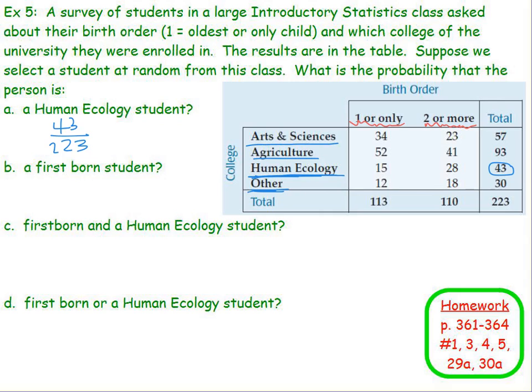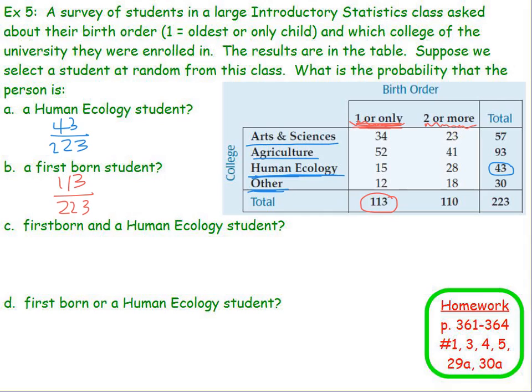And if you tried to reduce that on the calculator, it can't be reduced. So we're done. So now, what's the probability that the person we chose is a firstborn? Well, firstborn also includes only. That's this category right here. So we're going to go down, and there's our total for firstborn. 113 out of how many again? 223.